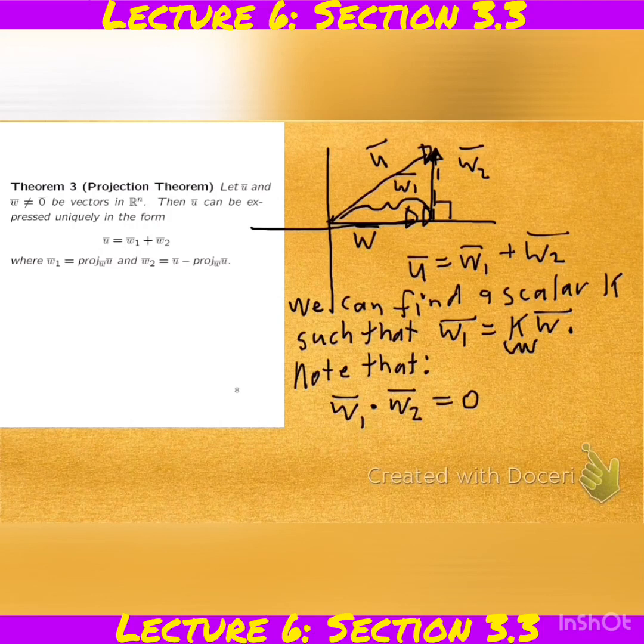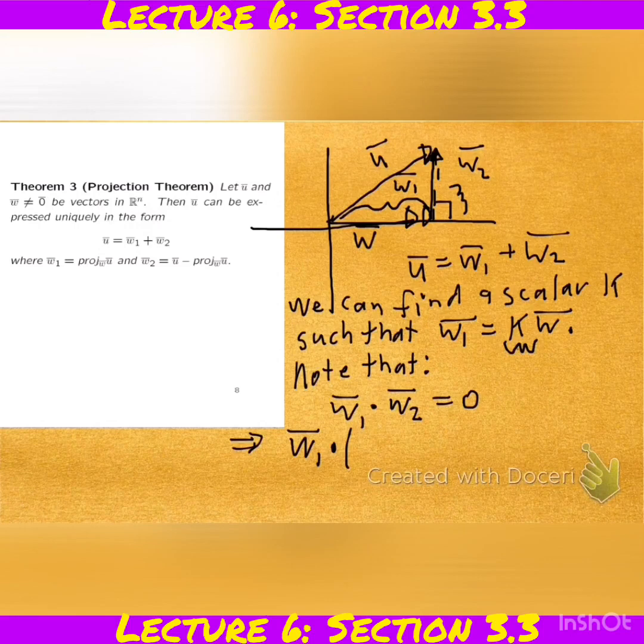Because those two vectors are orthogonal to one another, and the dot product between orthogonal vectors is 0. So that implies that w1's dot product with w2 is 0. But what is w2 in actual fact equal to?